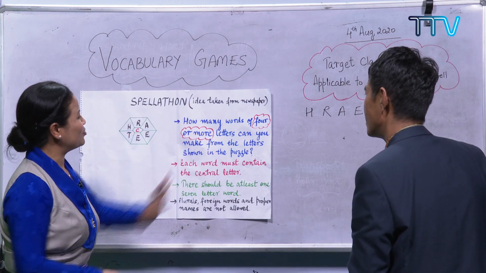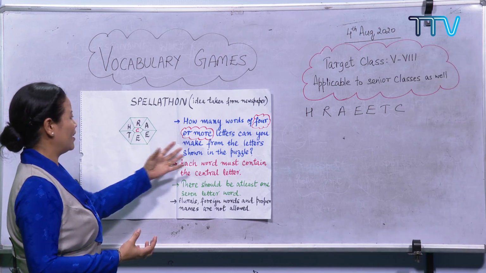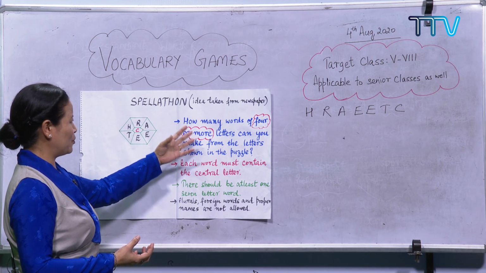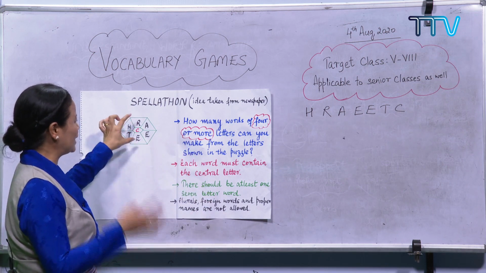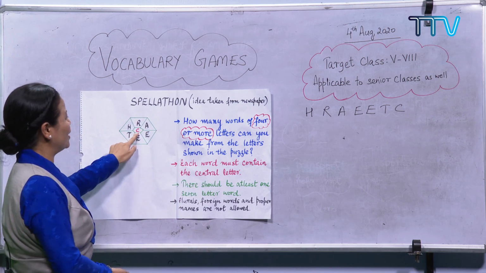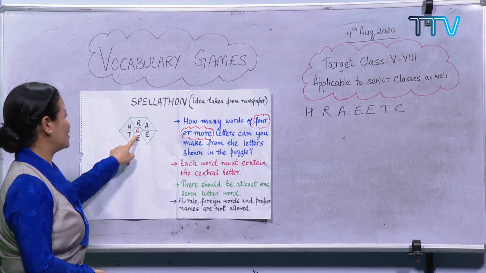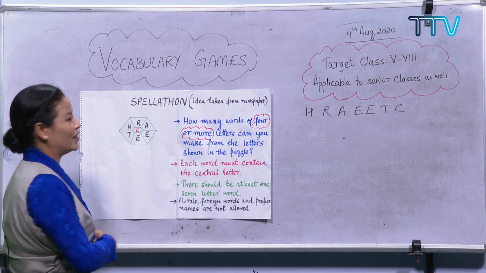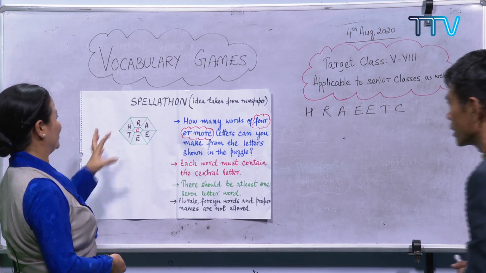So the rule is you have to make 4 or more letter words. So you have to use at least 4 letters from this to make a word. Each word should contain the central letter. So Gela, you can just try one and then I'll add more. Okay? If you can think of one.